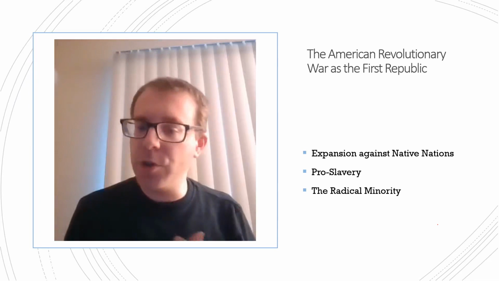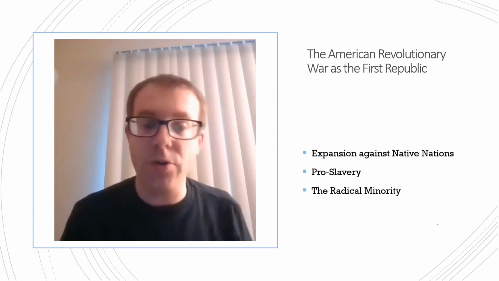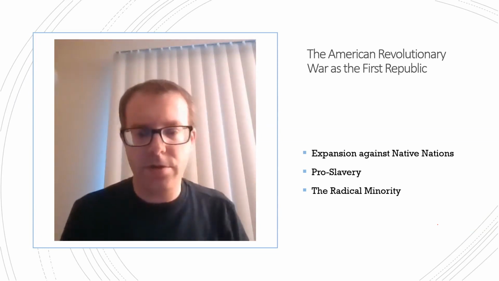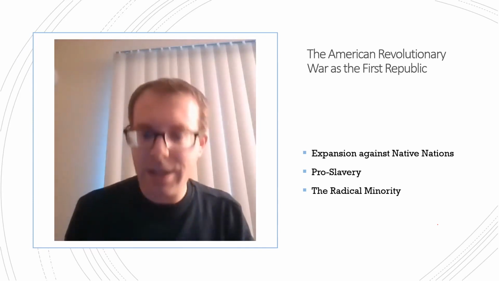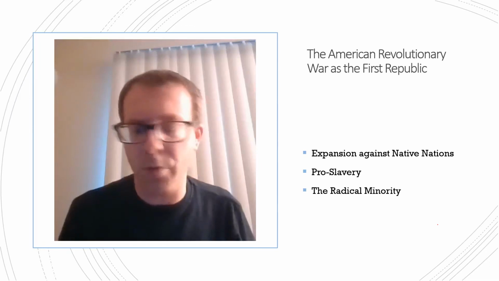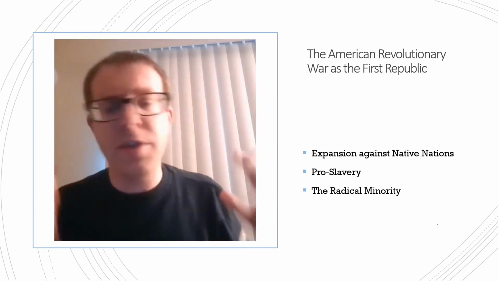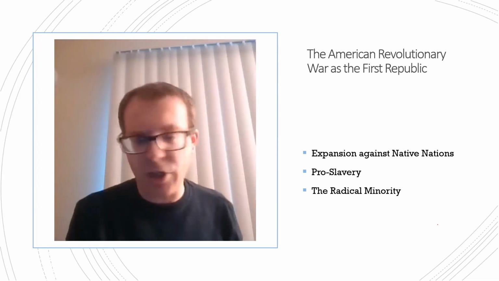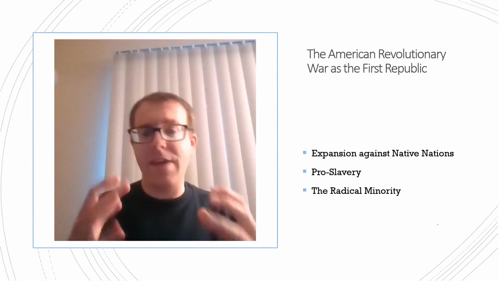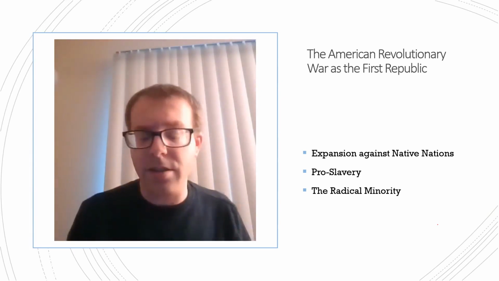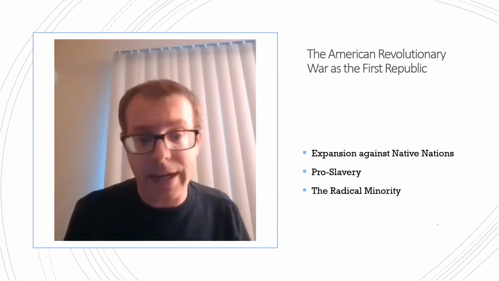So the American Revolution, if you really look at the war of the American Revolution, it contains kernels in it that show what the United States would be as a newly emergent republic. So in the Revolutionary War, the revolting colonies were more expansionistic against native nations than the British government was. They engaged in a brutal war against the Haudenosaunee Confederacy that really bordered on ethnic cleansing and genocide.